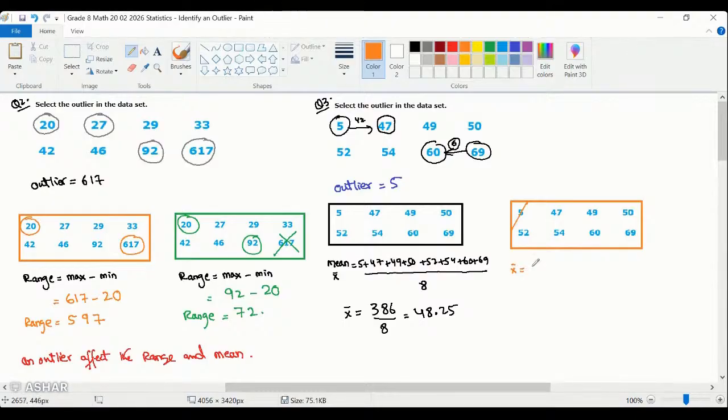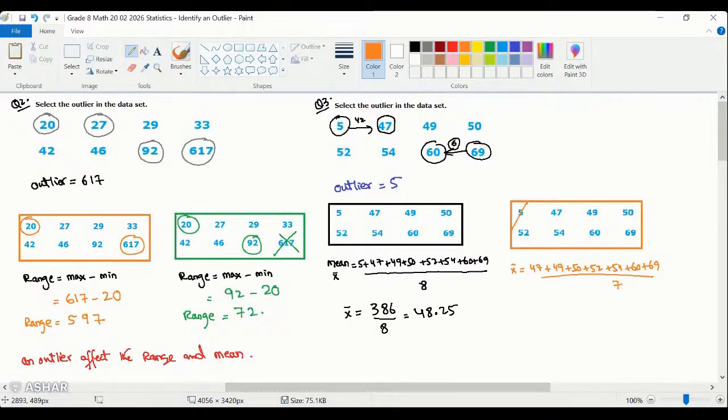The mean should be 47 plus 49 plus 50 plus 52 plus 54 plus 60 plus 69 divided by 7. Okay, when the outlier is a minimum number, the mean will not be affected so much. But when an outlier is a maximum number, the mean would be affected a lot.